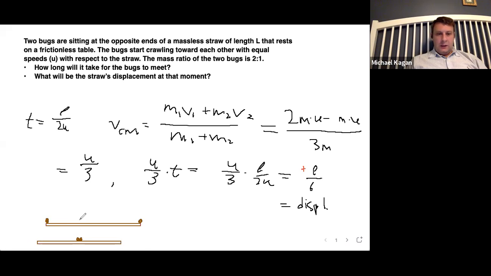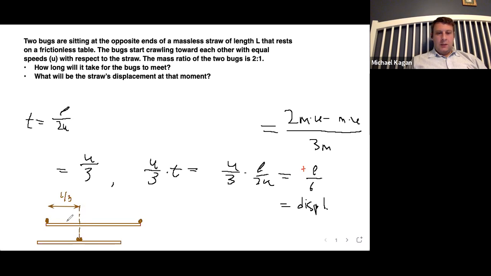Folks, are you with us? So if you remember the result of the last problem with 2 kids in the swimming pool, it's almost the same thing. So this is L over 3, the displacement of the bugs. Okay.